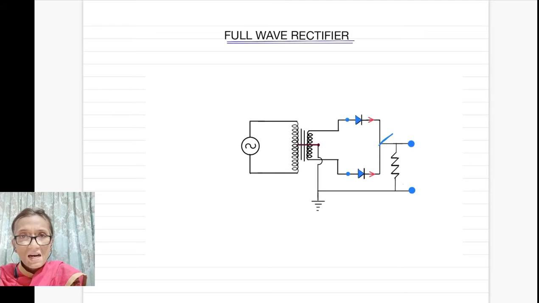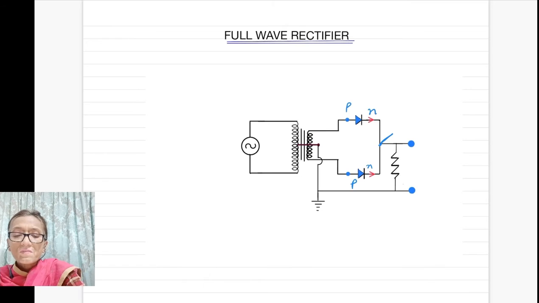The P sides of the diodes, both the P sides, are connected to the terminals of the secondary coil, and the N sides of the PN junctions are connected jointly.